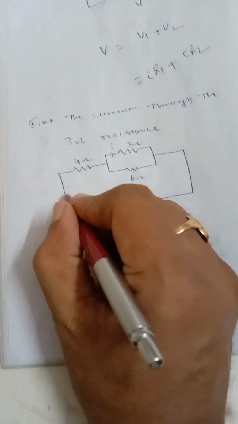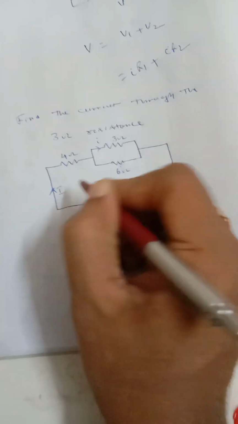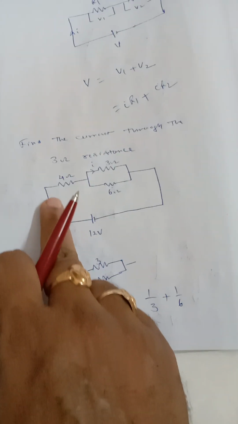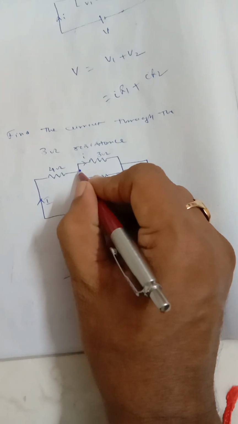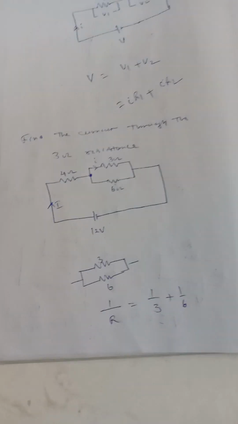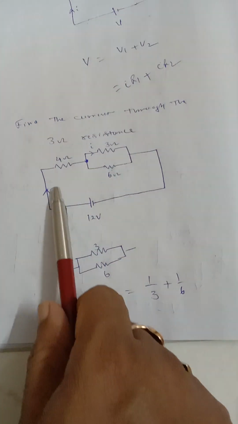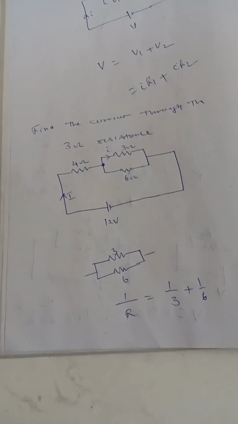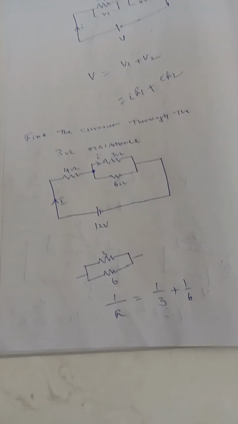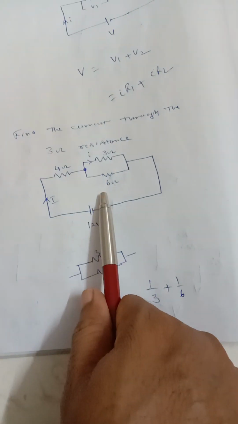But this current is 2 amperes. This 2 ampere current will flow up to this point, okay, but here it will divide. We explained in the previous video: in series it will be the same current, but in parallel this 2 amperes current will divide into two parts.